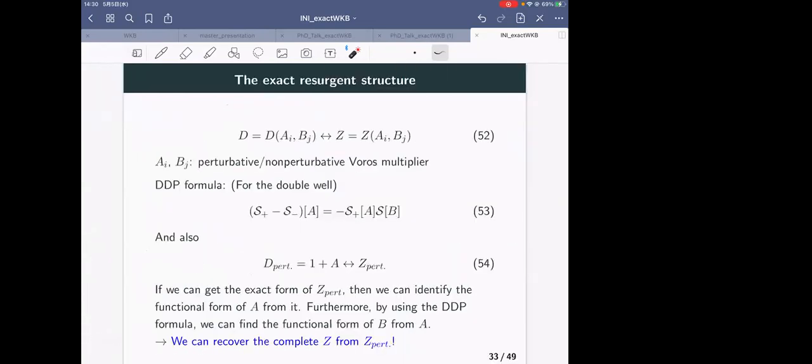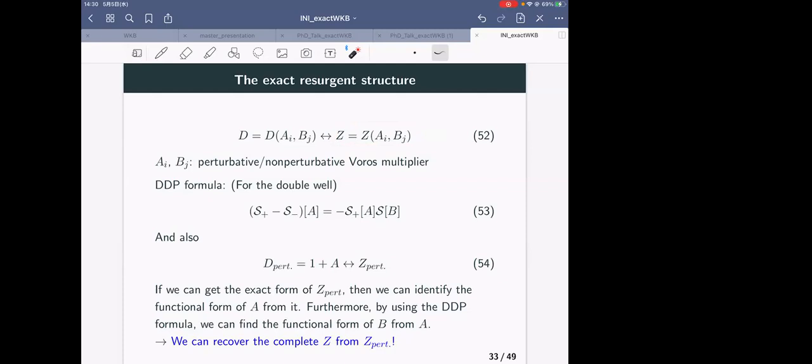And this result gives a much more non-trivial claim. First, we can obtain this Fredholm determinant D from the Exact-WKB method, and that is equivalent to calculating the partition function exactly.